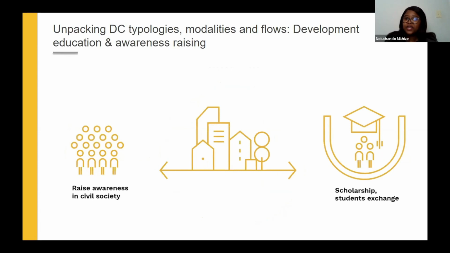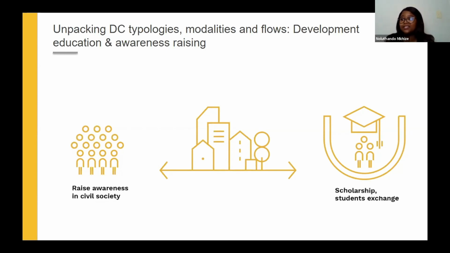So on this slide, we're referring to development, education, and awareness raising. And here, the decentralized cooperation's aims and funds are used by these very initiatives. And this focuses on encouraging local citizenship in the global arena and promoting the sustainable development goals, peace, and human rights.